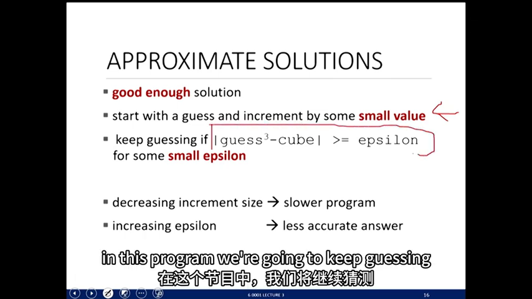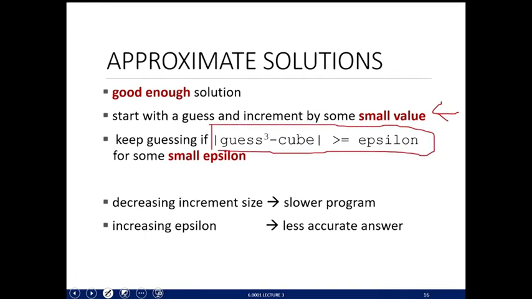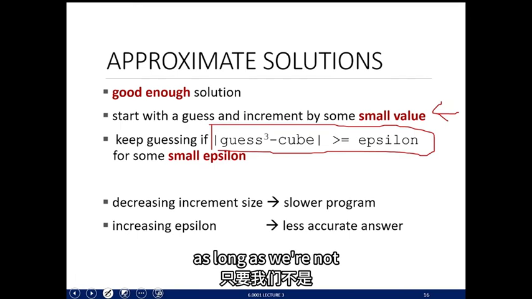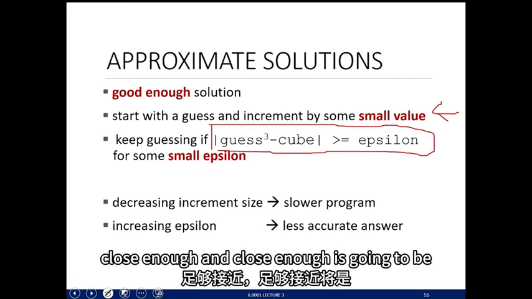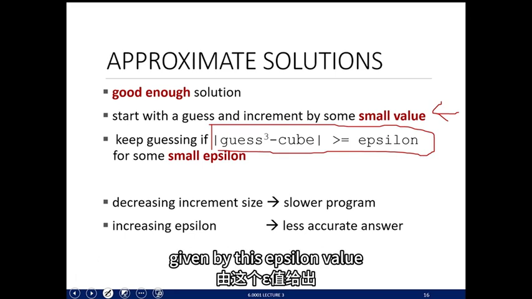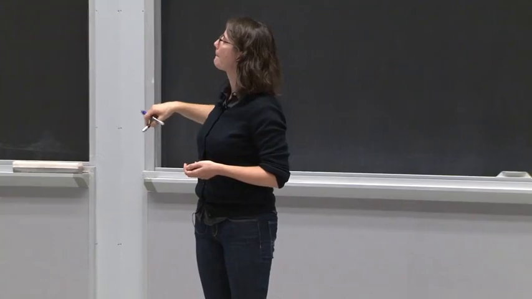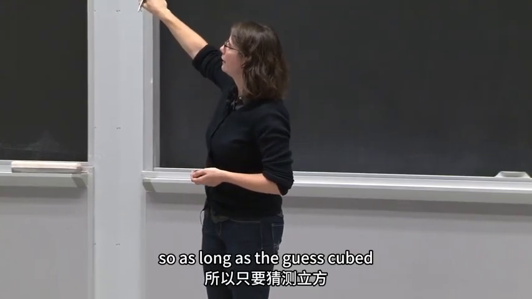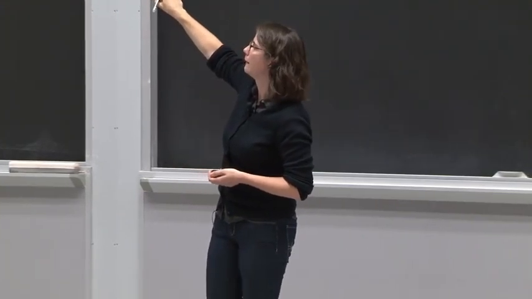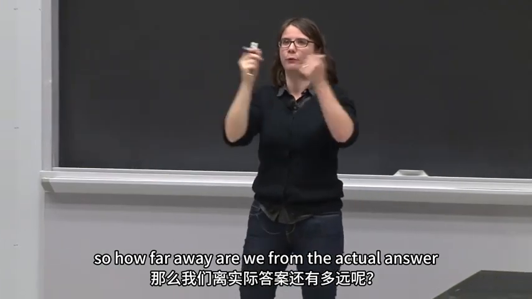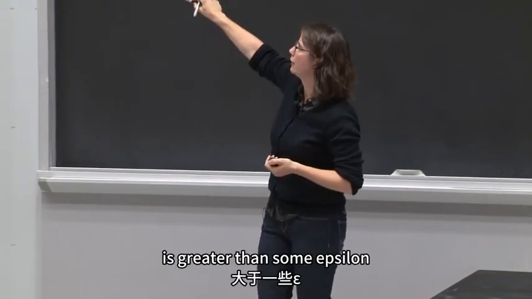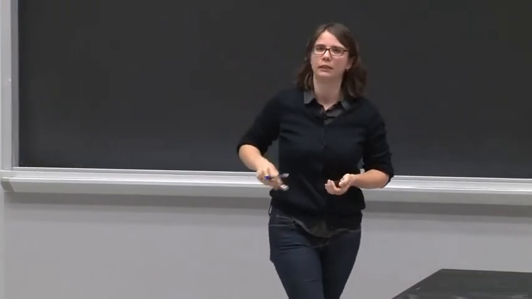In this program, we're going to keep guessing as long as we're not close enough. And close enough is going to be given by this epsilon value in the program. Okay? So as long as the guess cubed minus the cube, so how far away are we from the actual answer, is greater than some epsilon, keep guessing, right?